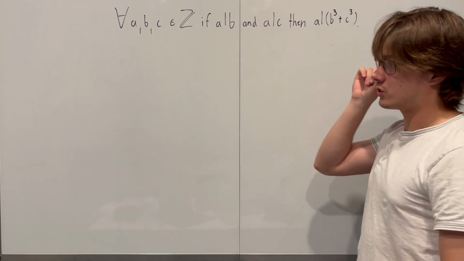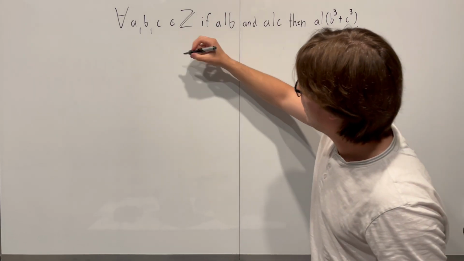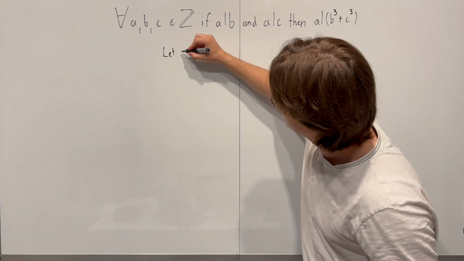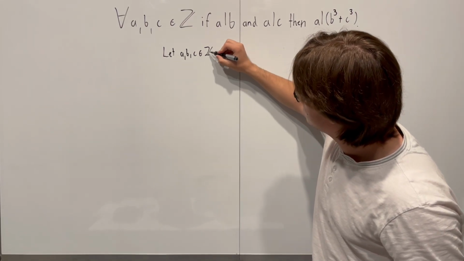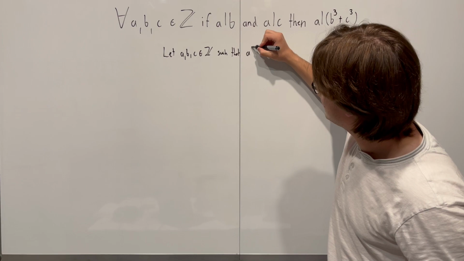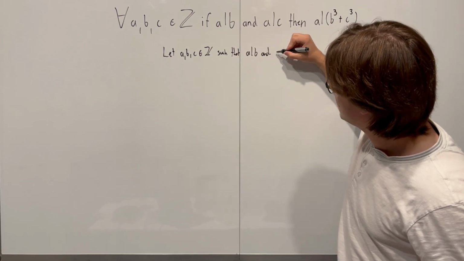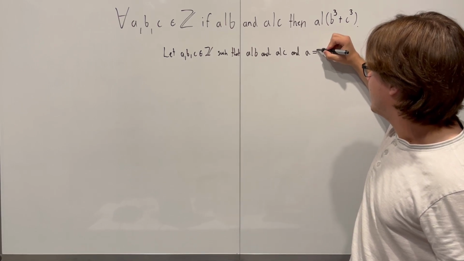Okay, so the first thing we should recognize is that this is a for all proof. So how do we start all of our for all proofs? We say, let a, b, and c be integers such that a divides b and a divides c and a cannot be 0.